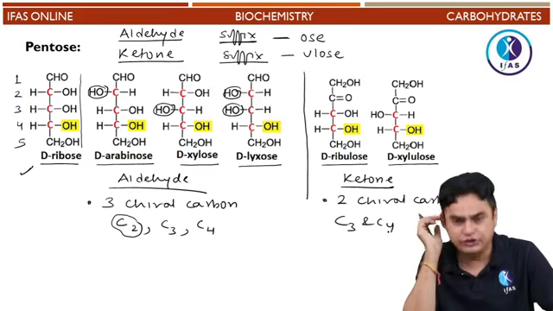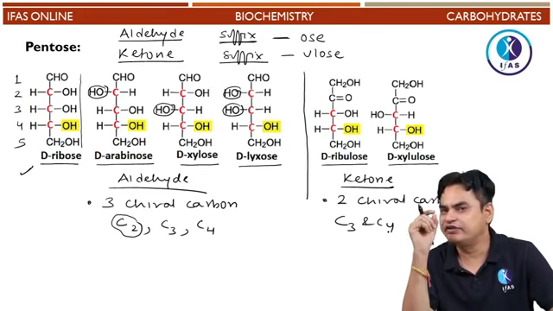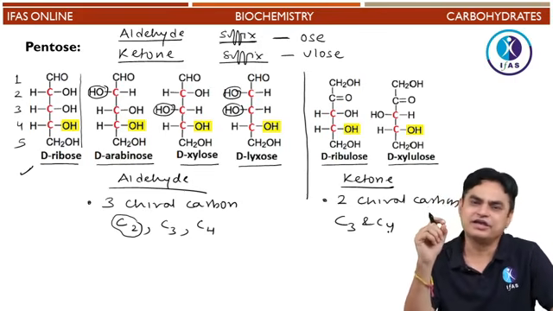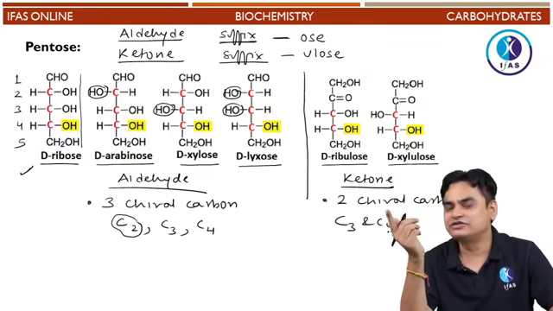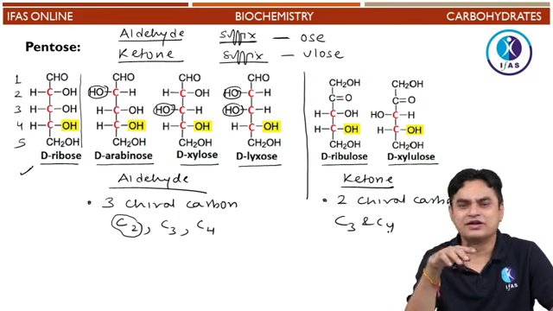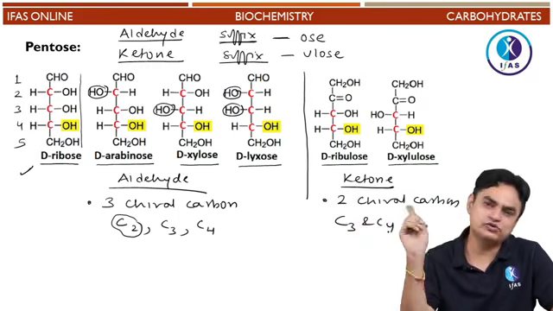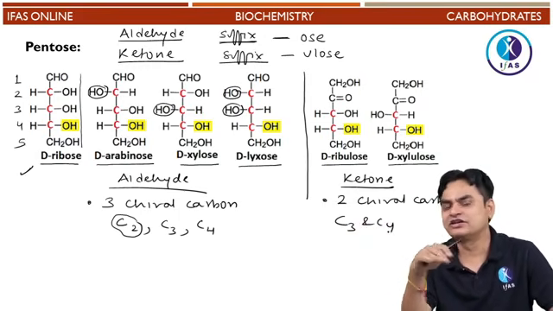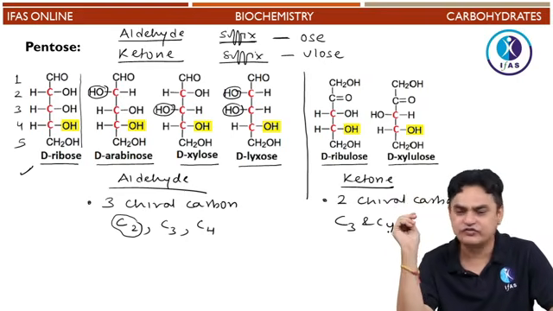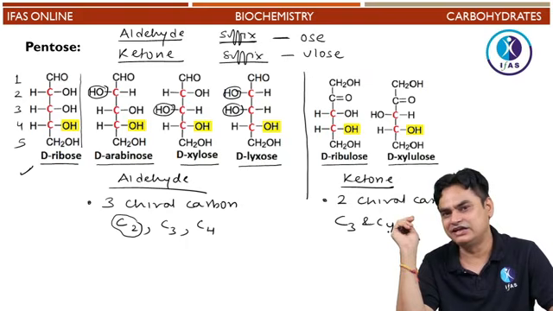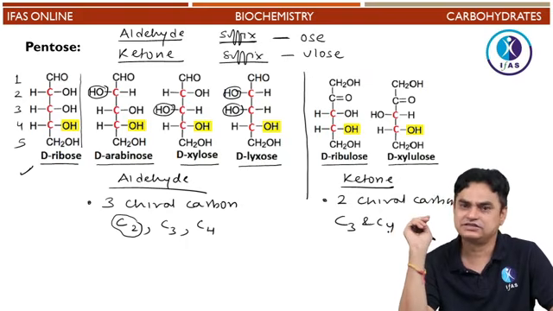They have 1 chiral carbon less than an aldehydic sugar. Glyceraldehyde, a triose, had 1 chiral carbon, while dihydroxyacetone, also a triose but ketonic, has 0 chiral carbons. The same rule is followed as the chain length increases in these monosaccharides.